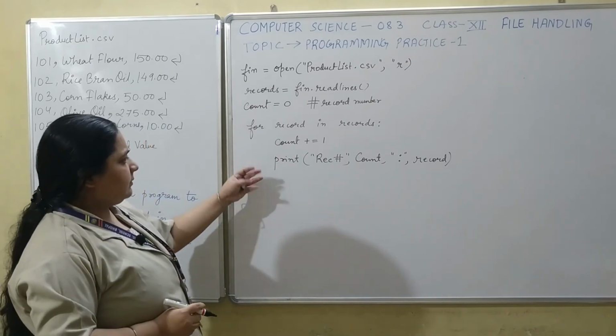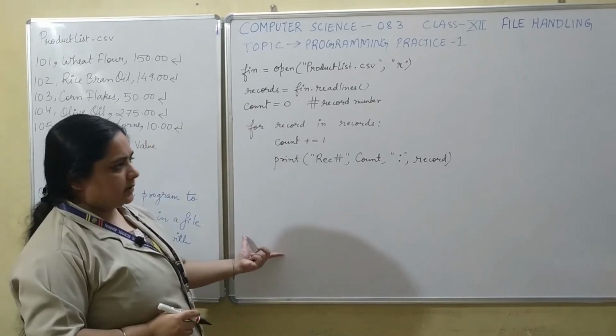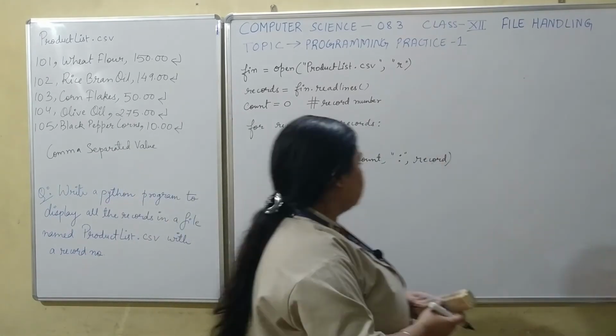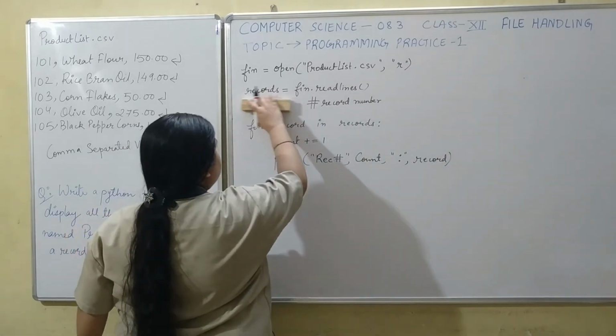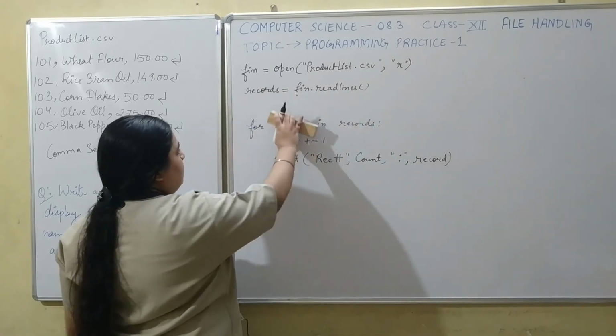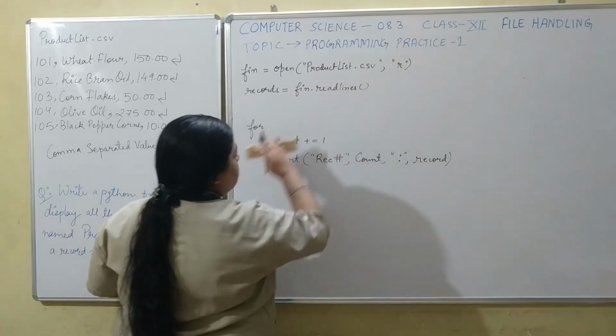Now the program ends over here. But here I can make it even smaller by removing this count variable, because everything is possible using the record number.